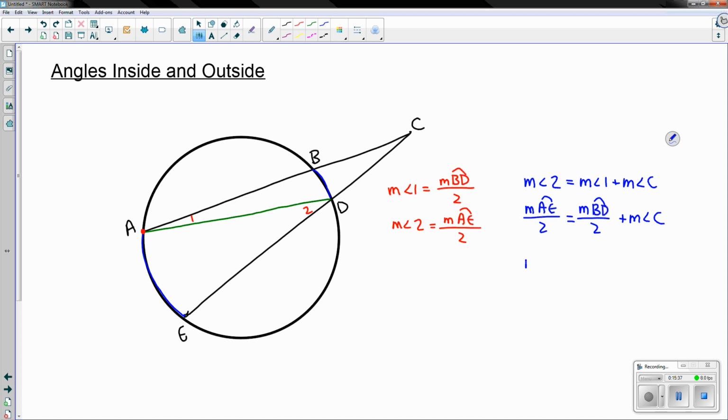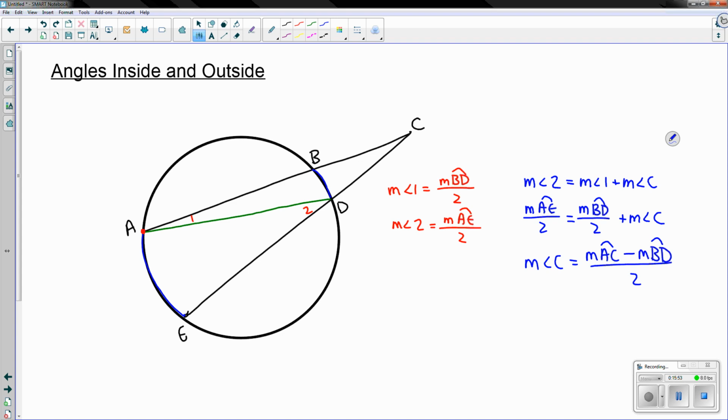So I can see that the measure of angle C is equal to the measure of AE minus the measure of BD, all divided by 2 when I manipulate that equation.